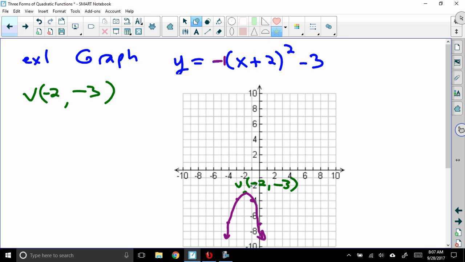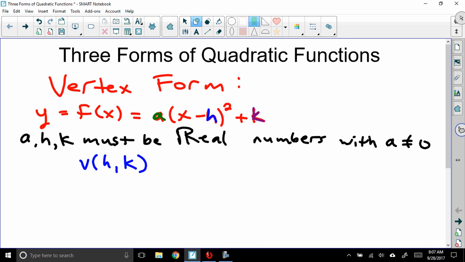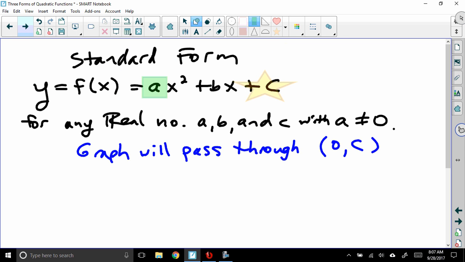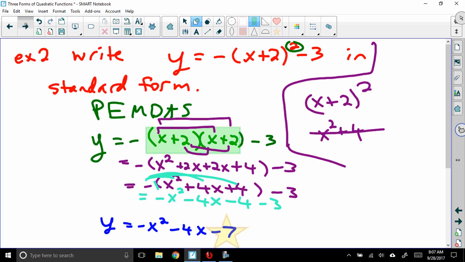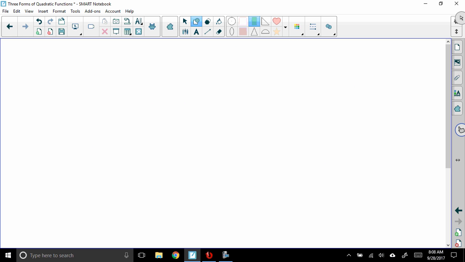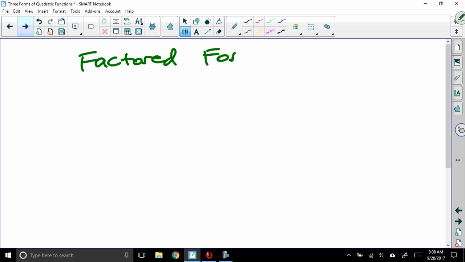So we've seen vertex form and standard form. There is a third form of quadratic functions called factored form. Other textbooks call it intercept form.